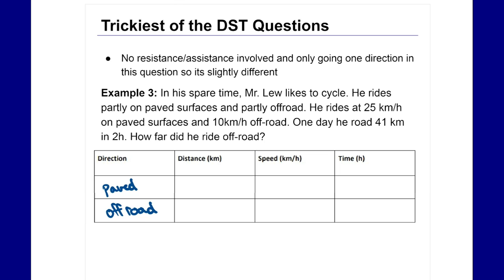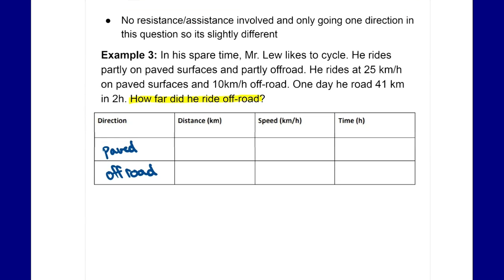What we're looking for is going to determine what our variables are going to be. So the question is, how far did he ride off-road? Because I'm looking for how far, that means I'm looking for my distances. So I'm going to let x equal the paved distance, and I'm going to let y equal the off-road distance.